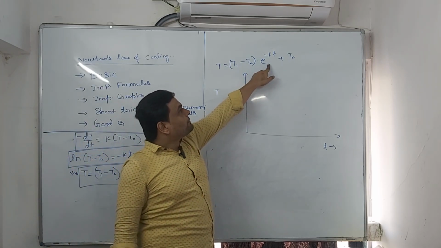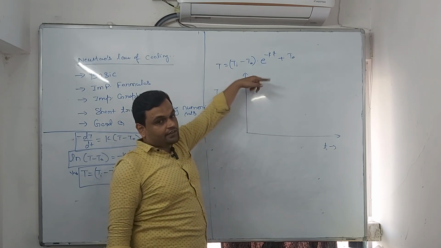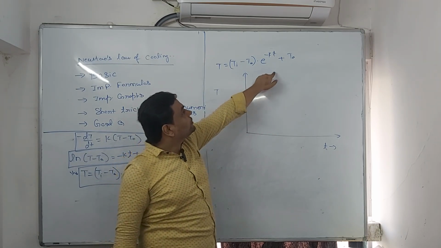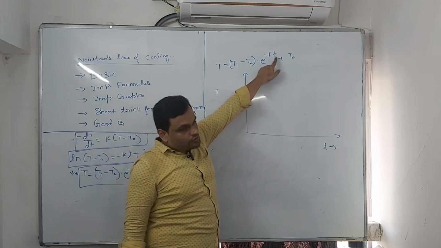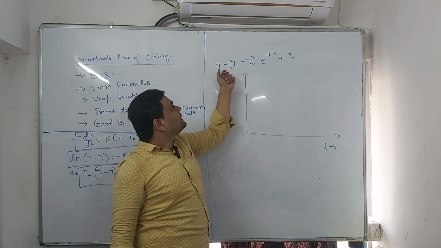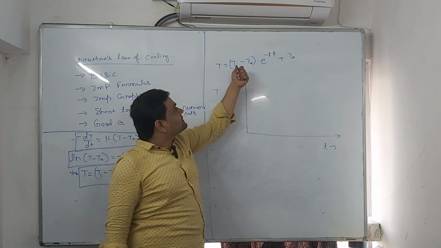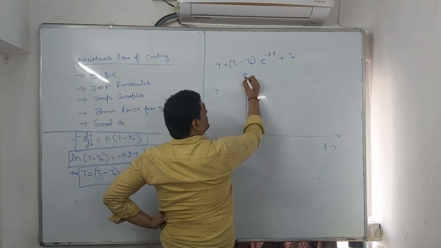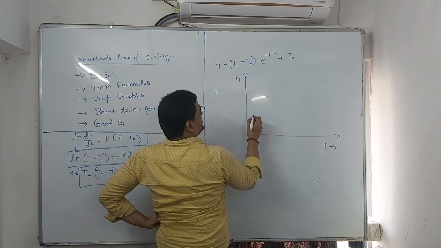If you are not able to remember the graph, you should have the logic. It is e to the power minus, it means it is exponentially decreasing. So it will decrease in this manner, but you have to do the proper labeling also. Put t as 0. This thing will be 1, anything raised to the power 0 will become 1. So the temperature of the body will be the initial temperature.